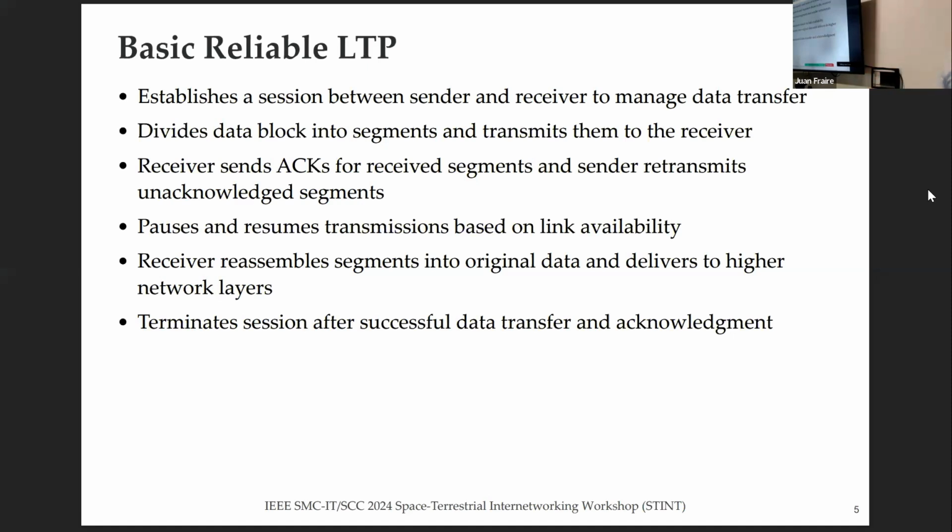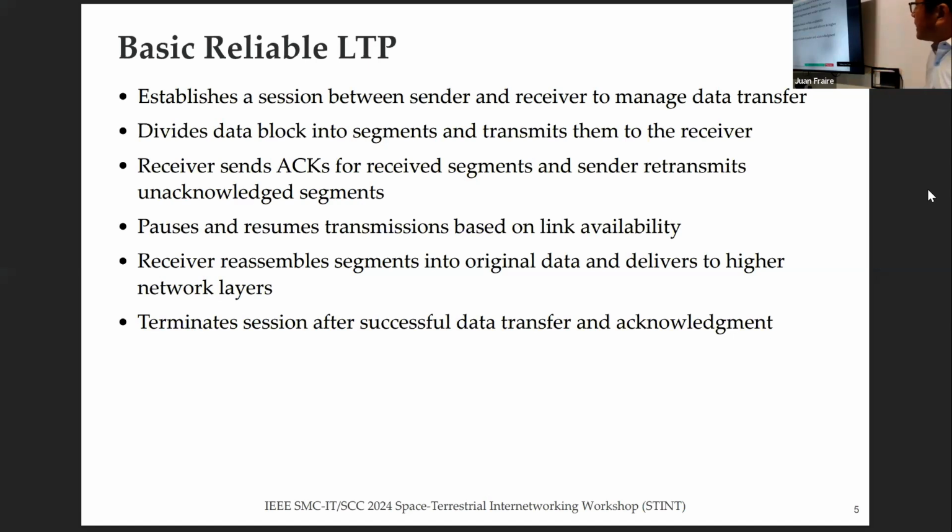Essentially, the sender and receiver establish a session, and then for every bundle or block that needs to be sent, the sending engine divides this piece of information into a number of segments based on that parameter that we discussed before. As a result, I'm going to have a certain number of segments that I'm going to be transmitting. Some of them may get to the destination, some others may not, because of different channel impairments.